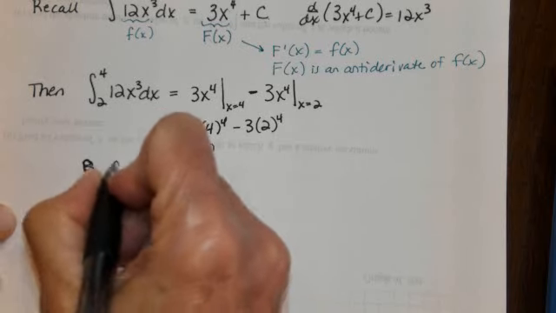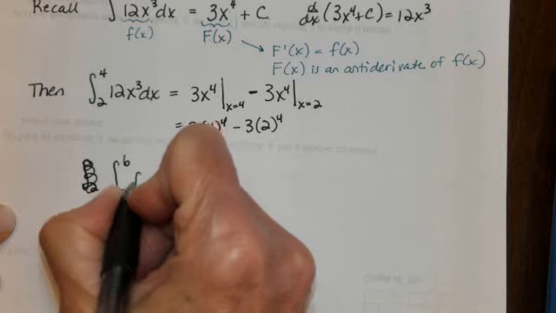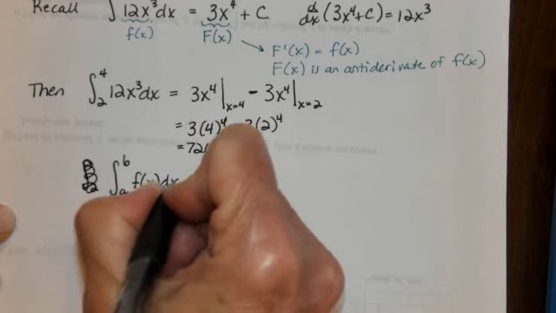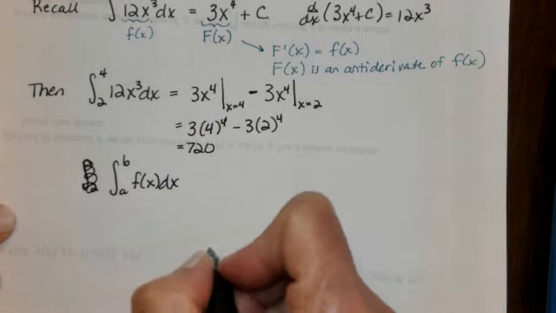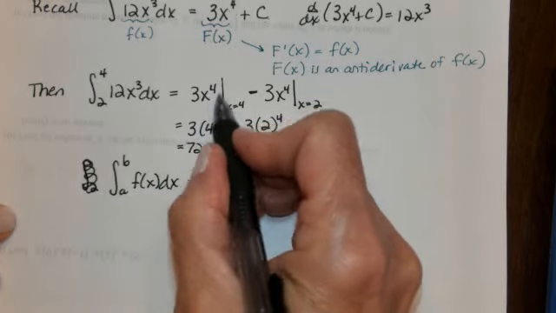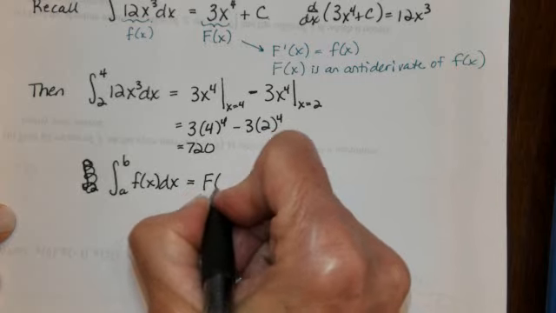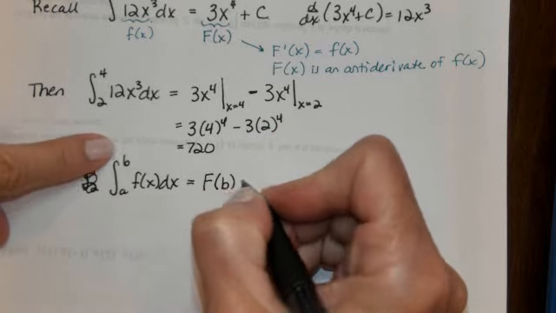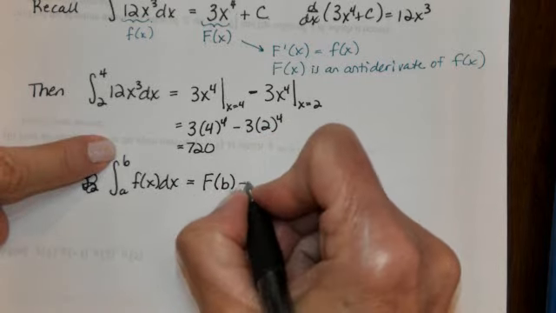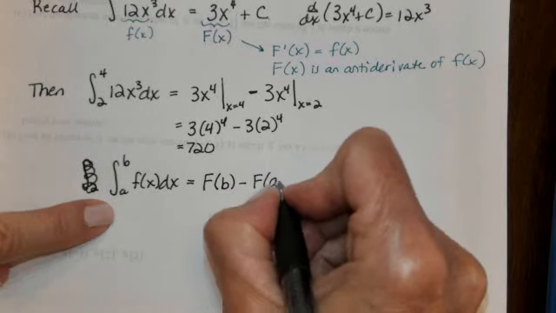The integral from a to b of any function is its antiderivative. Remember we called this capital F? So its antiderivative evaluated at the upper boundary minus the antiderivative evaluated at the lower boundary.